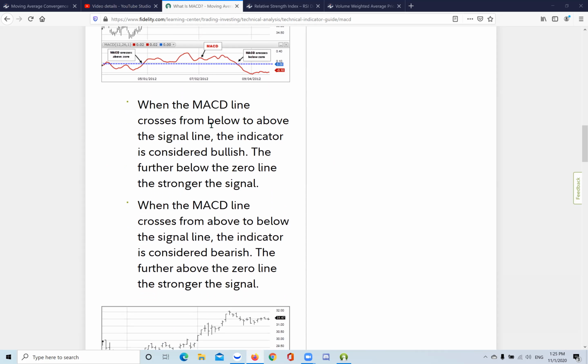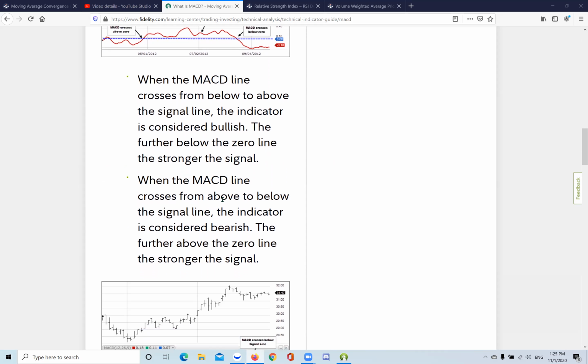When the MACD line crosses from below to above the signal line, the indicator is considered bullish. The further below the zero line, the stronger the signal. When the MACD line crosses from above to below the signal line, the indicator is considered bearish.